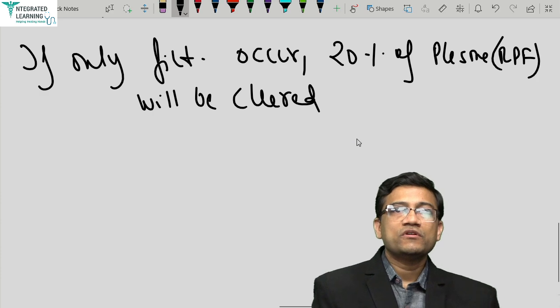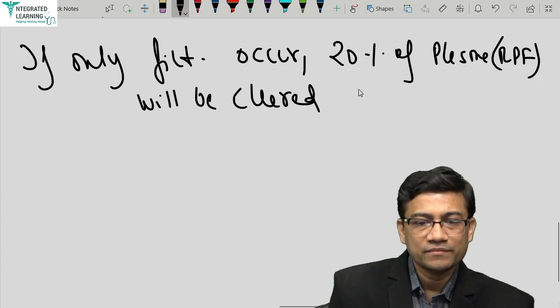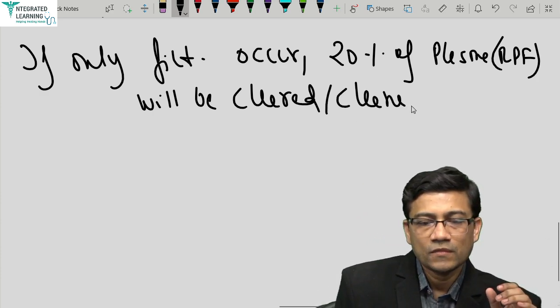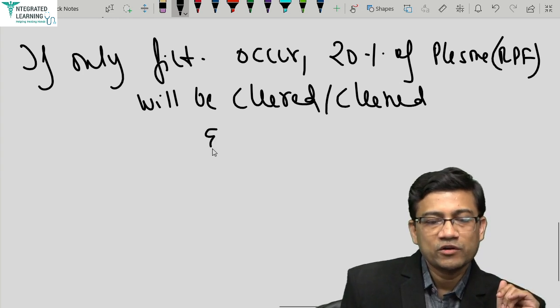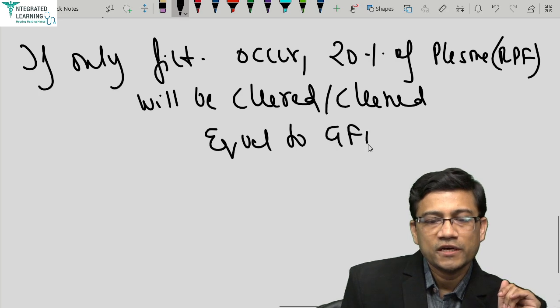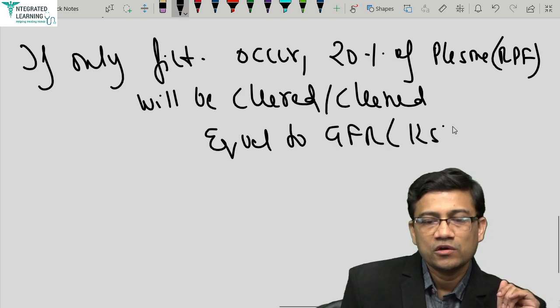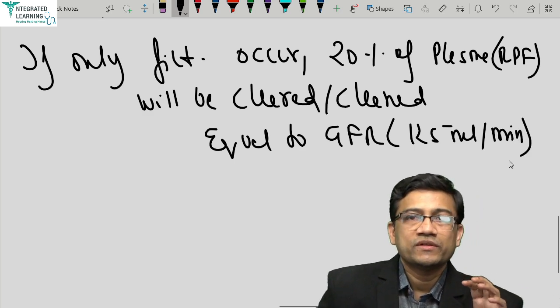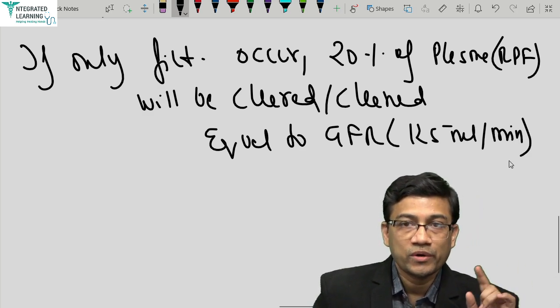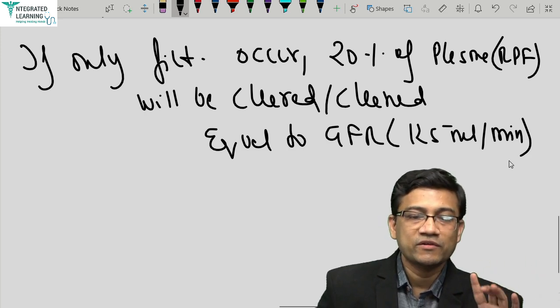So 20% of RPF plasma will be cleared or cleaned, and it is equal to what? Equal to GFR, that is 125 ml per minute.